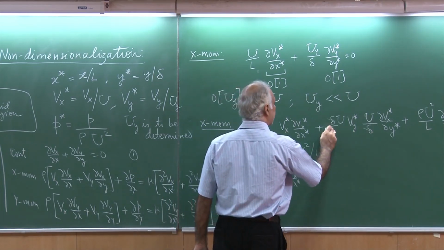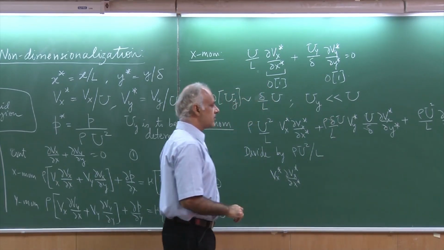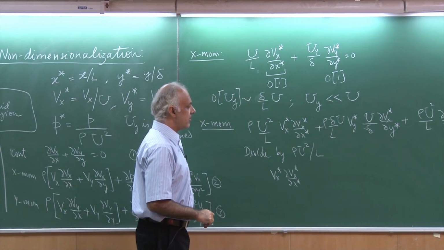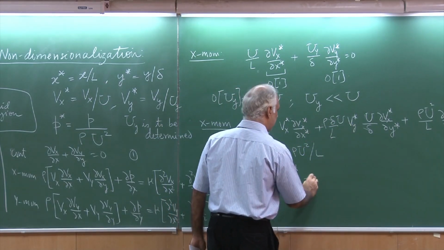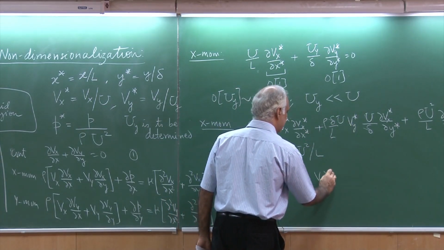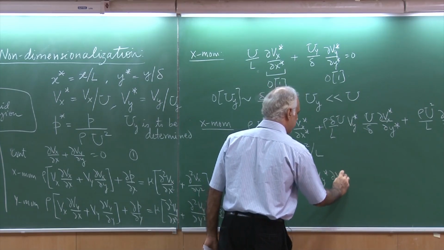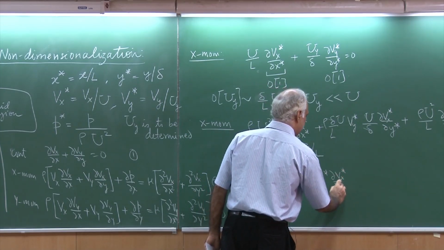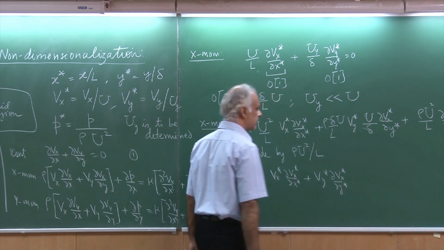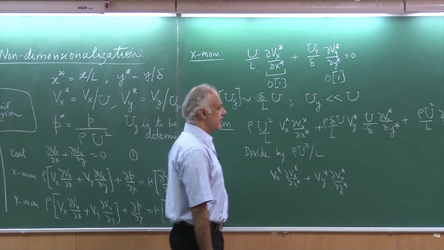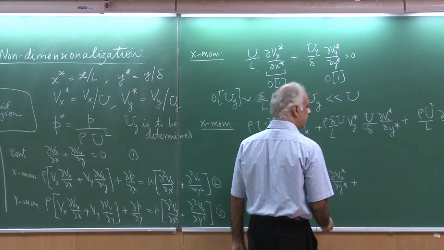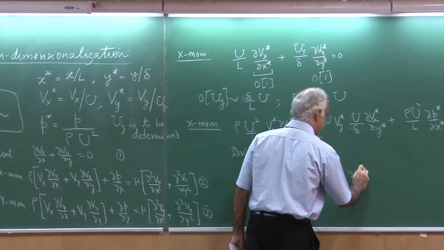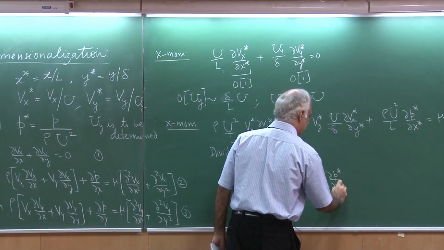Sorry, there was a rho here as well. Okay, I missed out on the rho on the convective term. So that also goes away. So I am going to get Vy star times del Vx star by del y star. I am going to lose the coefficient here also, since I have divided by rho u square by L. So this is del P star by del x star.